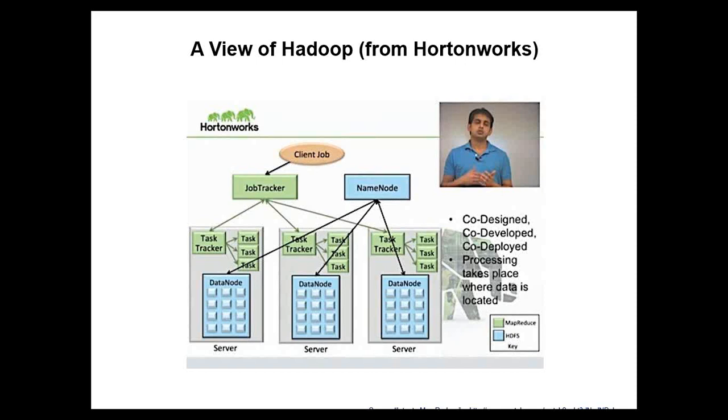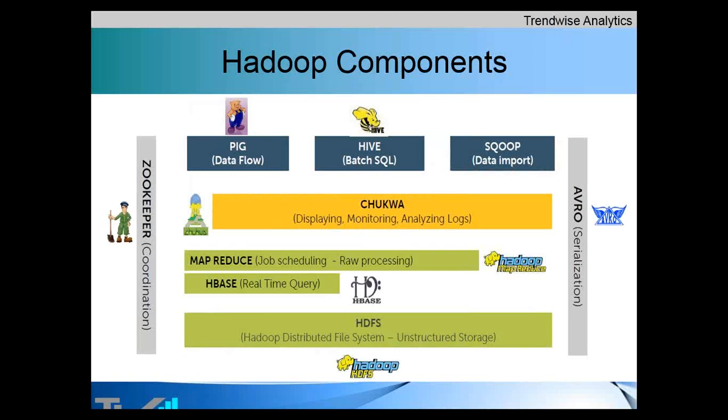The name node is like the master and the data nodes are like the slaves. So the job is broken into, that is another way of representation. Thanks to Hortonworks. This slide is from a Hortonworks presentation.